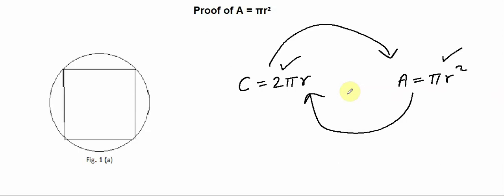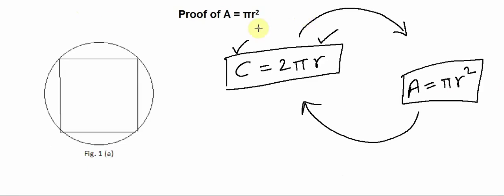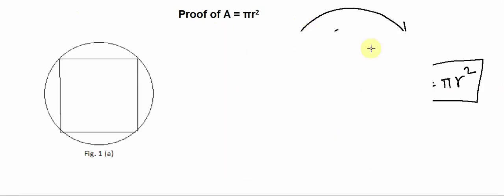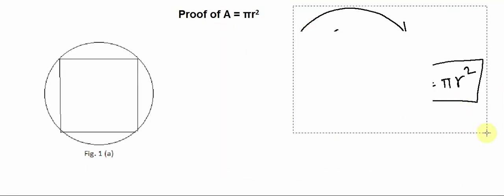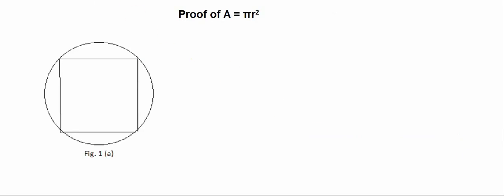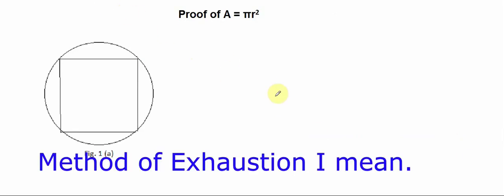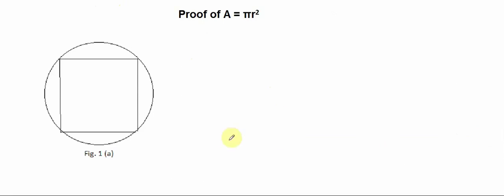Alright, so what we are going to do here is use something called exhaustion, or using approximations. So the first step will involve assuming that the area of the circle in this diagram is approximately equal to the area of the square.